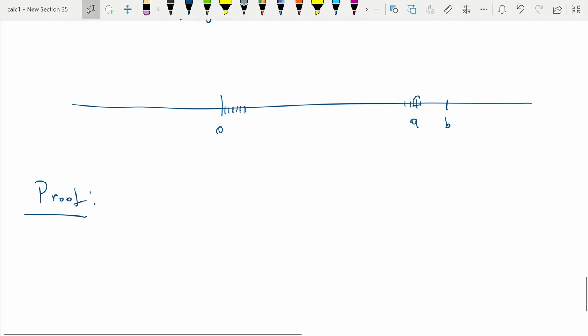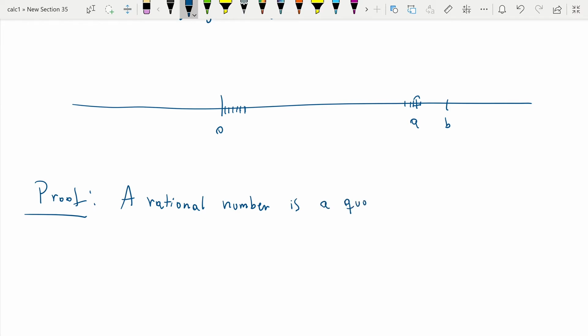Okay, so proof. A rational number is a quotient of integers, right?